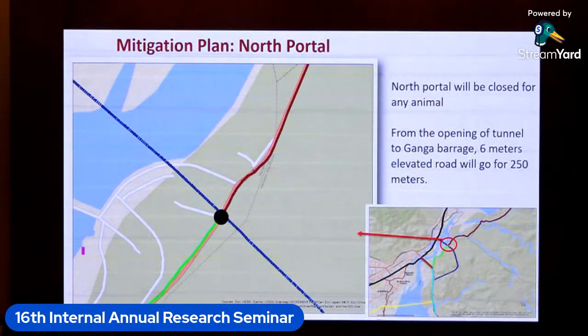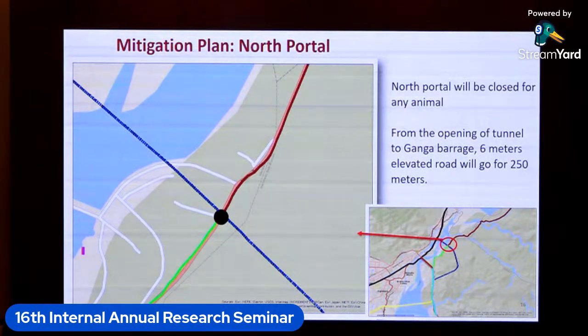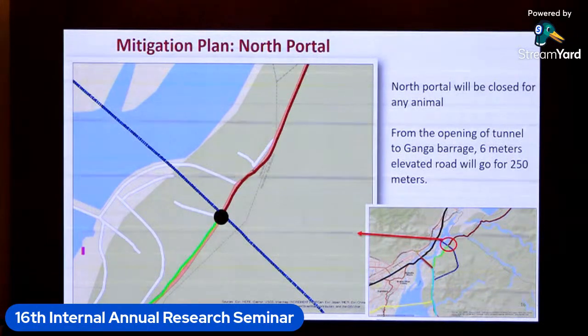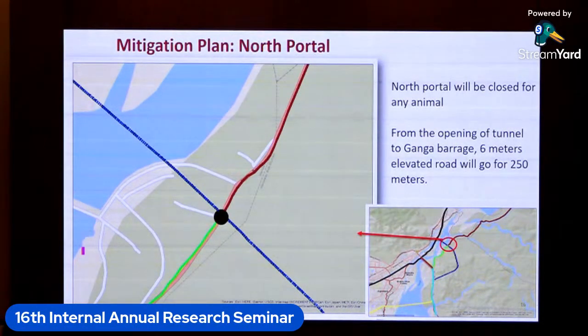So now we'll talk about the mitigation plan. The North Portal, where the tunnel will open, needs to be mitigated. That will be closed for any animal so that no animal can come on the road and enter the tunnel.